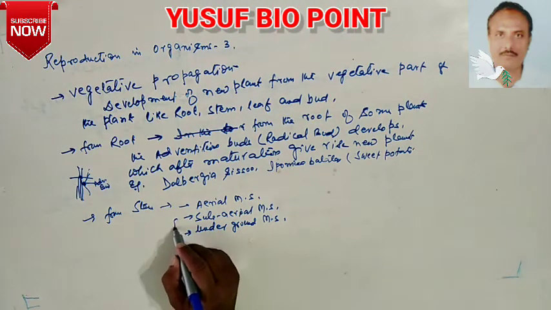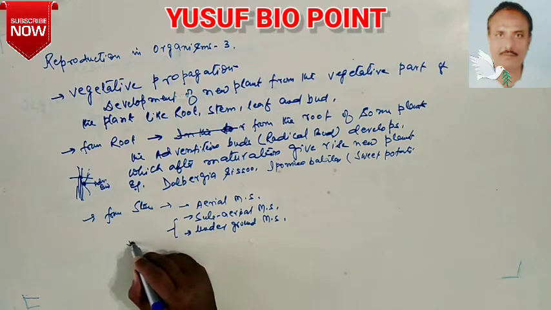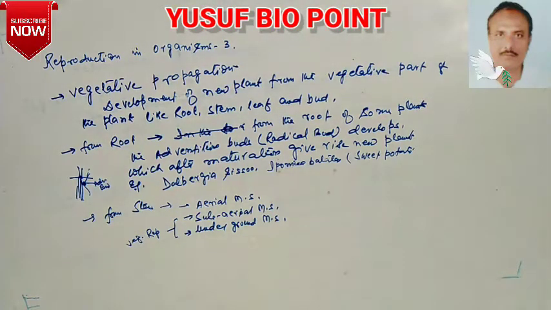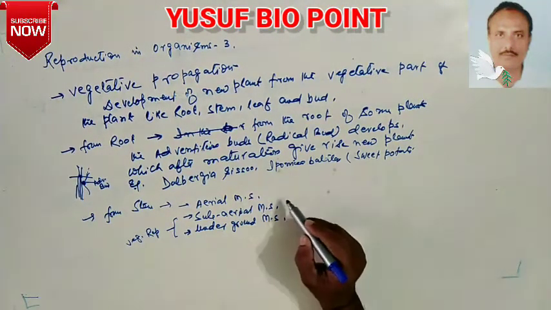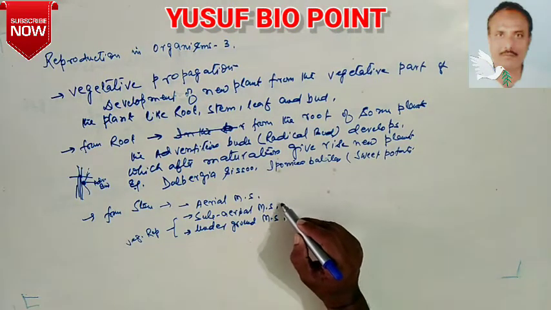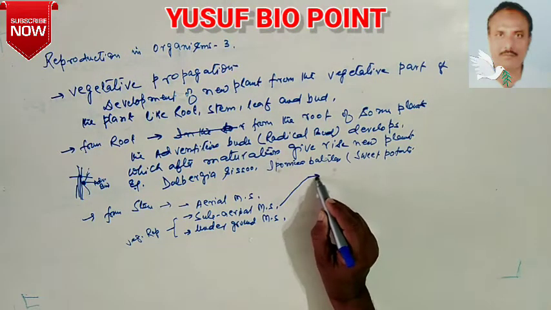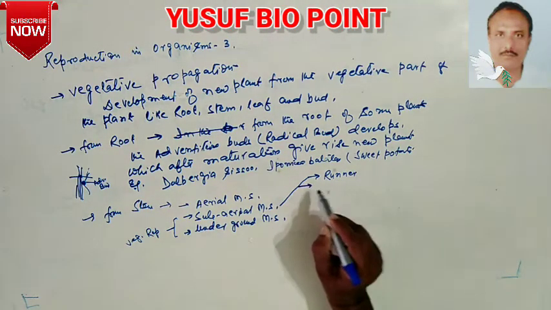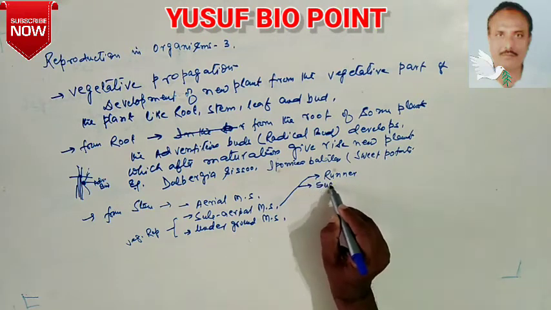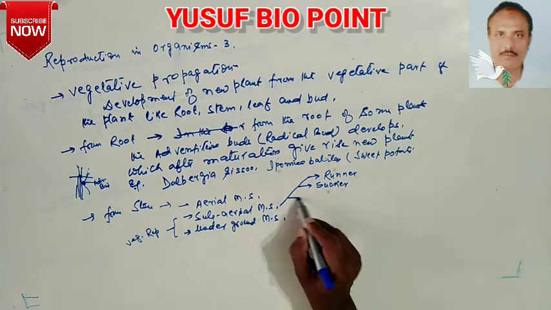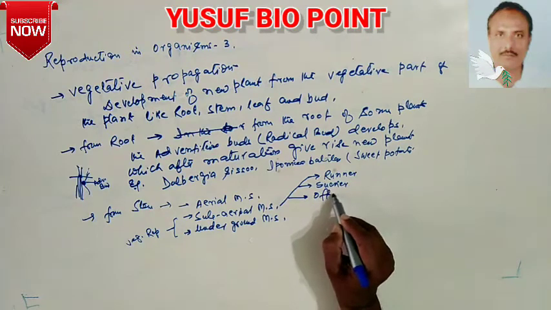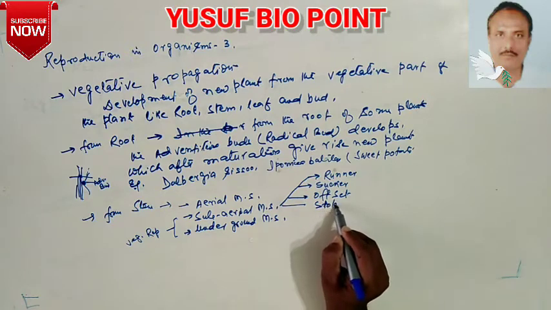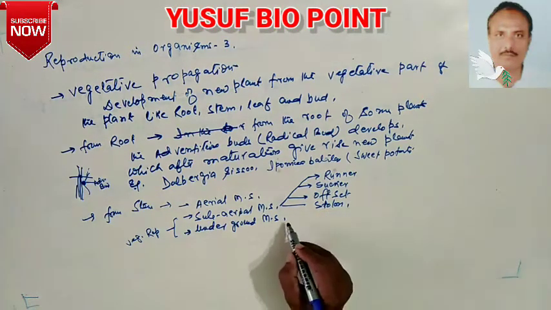The last two mainly take part in vegetative reproduction and propagation. You also know that subaerial modification is classified into runner, sucker, offset, stolon.